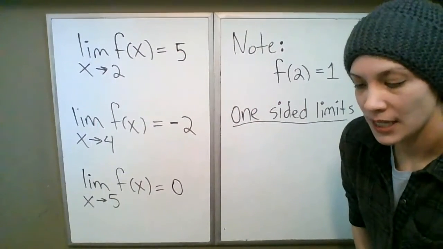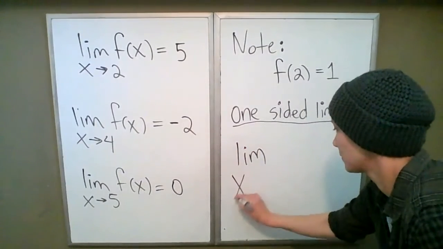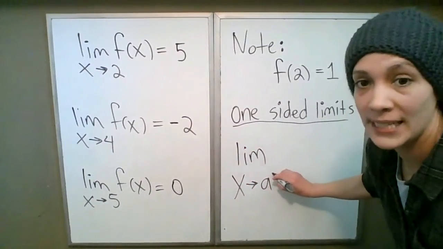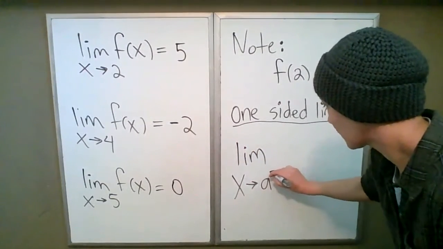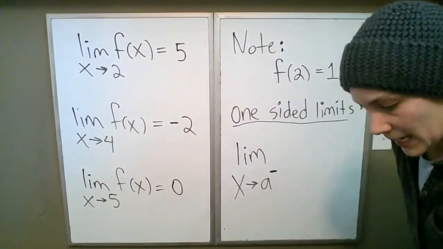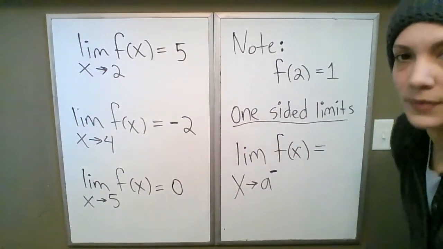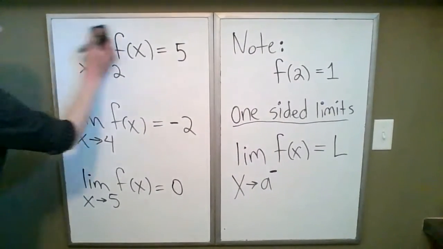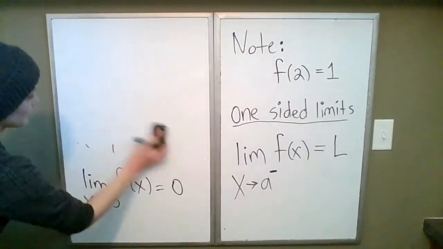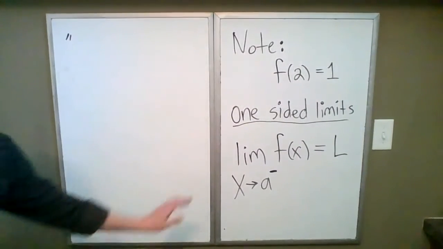The limit as x approaches a from the left, you put a minus sign right here as like your exponent, I don't know, or superscript, of your function f of x is equal to L. And we'll write this down.